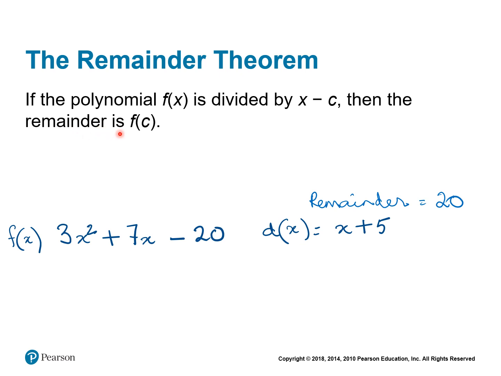What that means is if we take the dividend polynomial, which in this case is 3x squared plus 7x minus 20, and evaluate it using c as the input value, then we will get an answer of 20, which is going to be the remainder when we do the polynomial division.